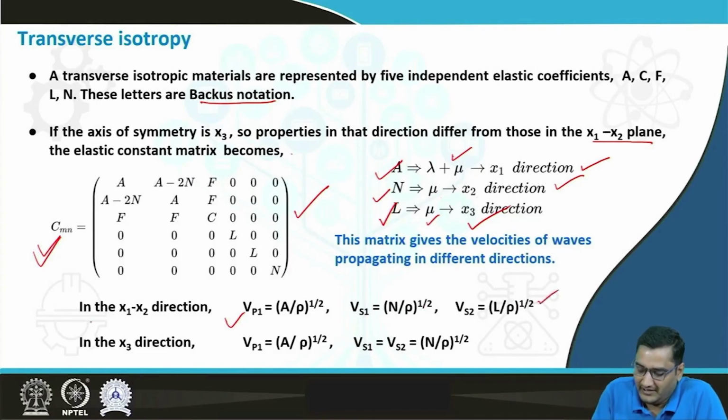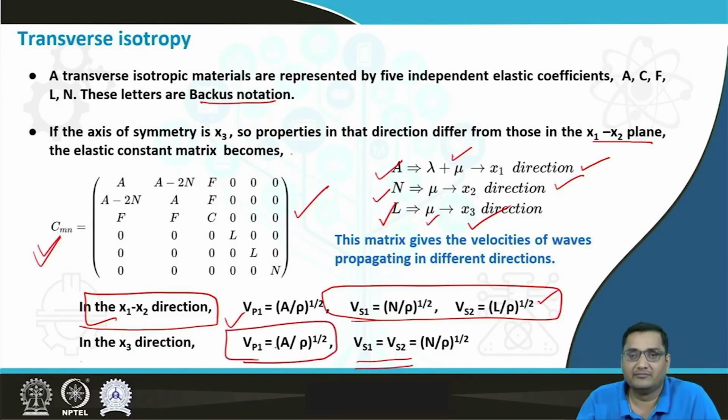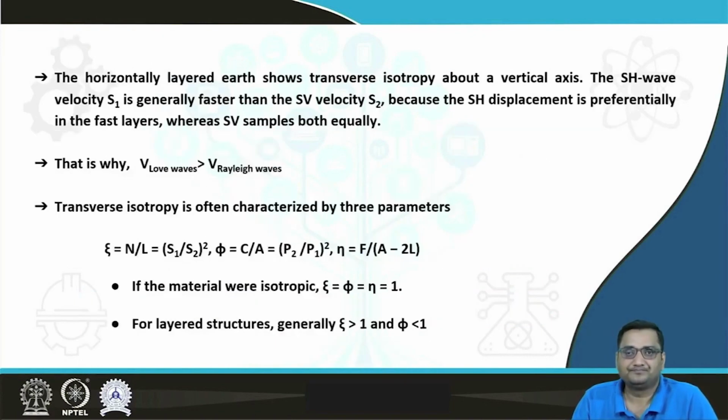So in the x1 and x2 direction, the anisotropy is occurring because the shear wave velocities are different, and in the x3 direction these shear wave velocities will be equal, although the P wave velocity will remain the same. So basically in the x3 direction there will be no anisotropy. In the x1 and x2 direction there will be anisotropy, that will be termed as transverse isotropy.